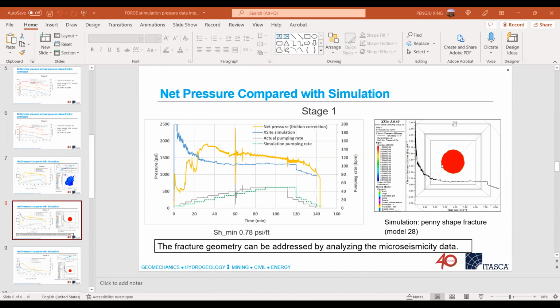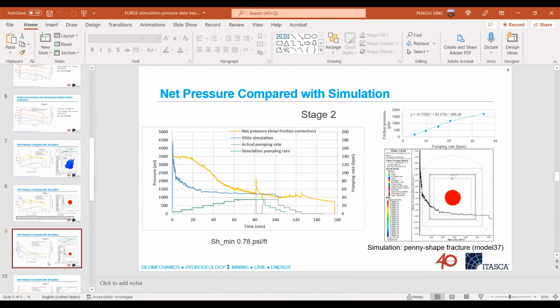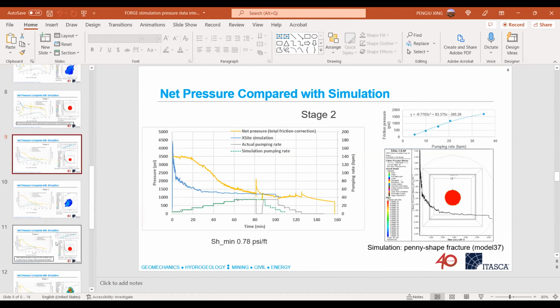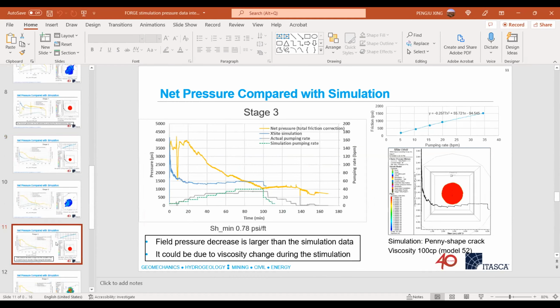Okay, 320 meters diameter. Which is probably way beyond, in stage 3, what the microseismicity would suggest as a very upper limit for the radius. That's pretty big.